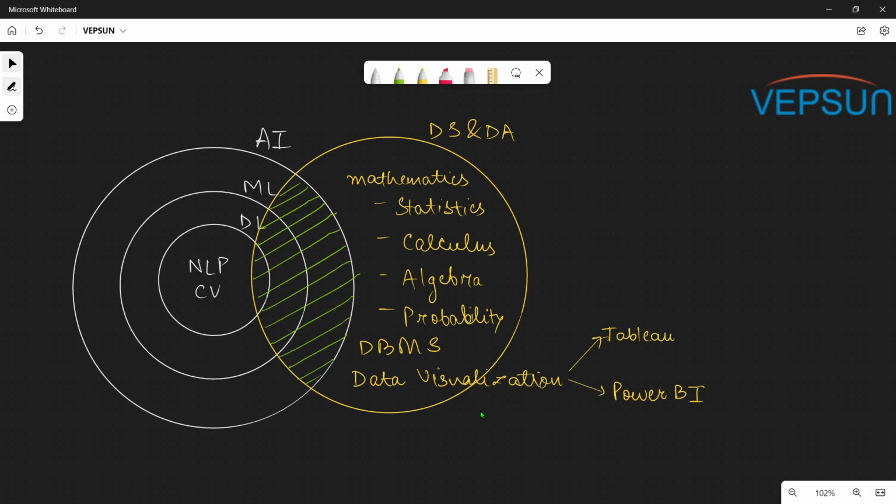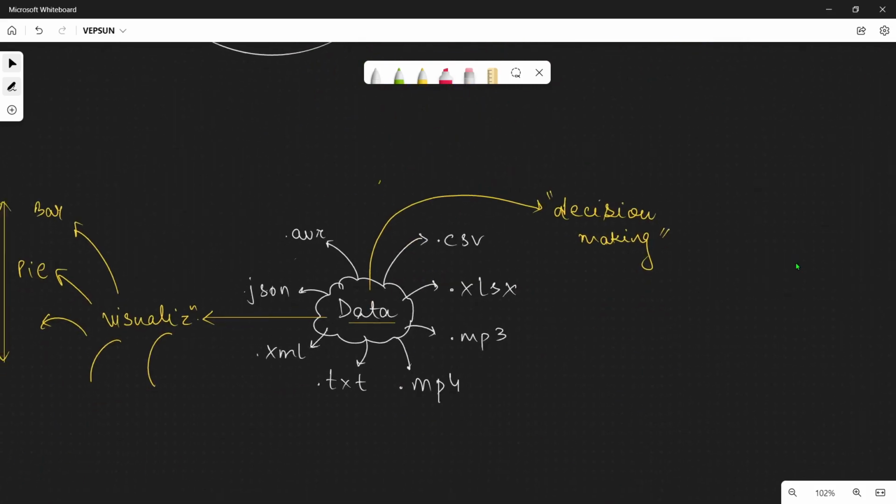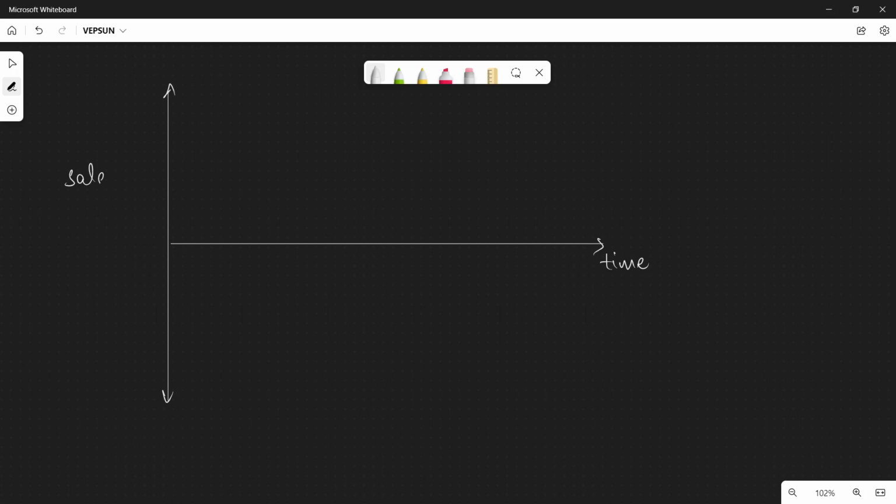In order to understand this, let me give you an example here. Let's say I'm giving you a graph, I'm drawing a graph in front of you, and let's see how this graph can help us in understanding the art of storytelling. Let us assume this is a graph of time in the x-axis, and on the y-axis I have sales.